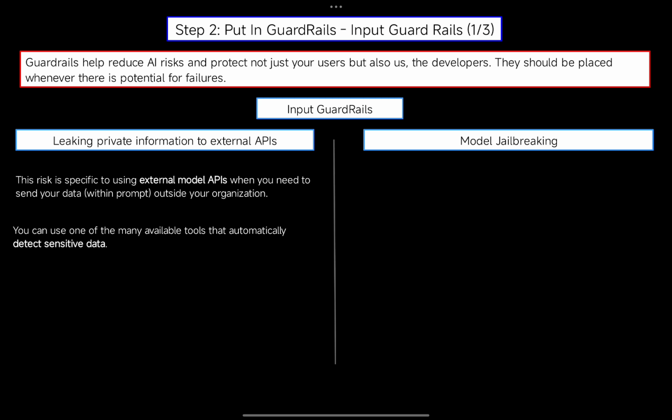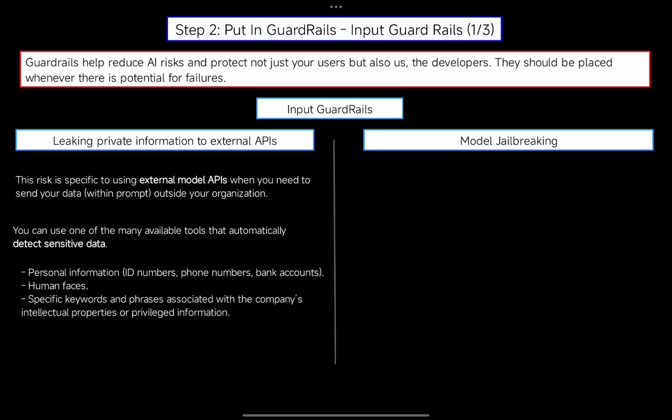What you can do is use many of the available tools to automatically detect sensitive data which can be present in the input prompt, right? That sensitive information can be personal information like ID numbers, phone numbers, or bank accounts, or human faces, or specific keywords or phrases associated with companies' intellectual property or privileged information, right?